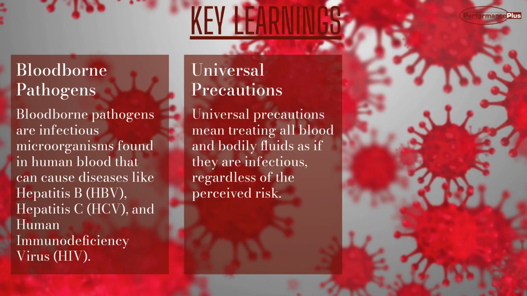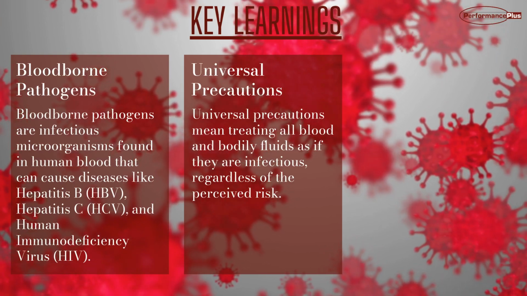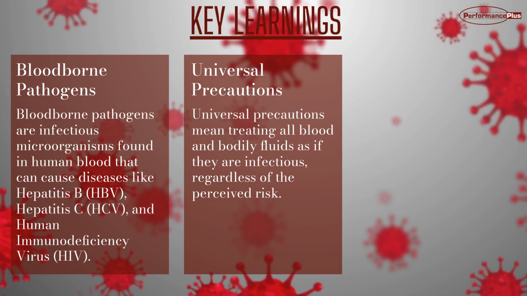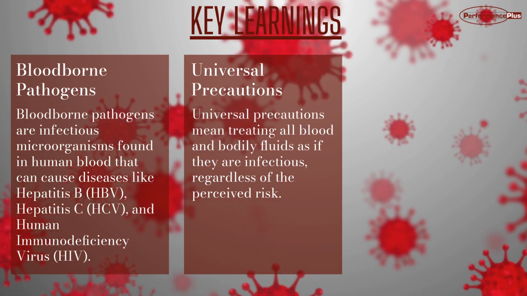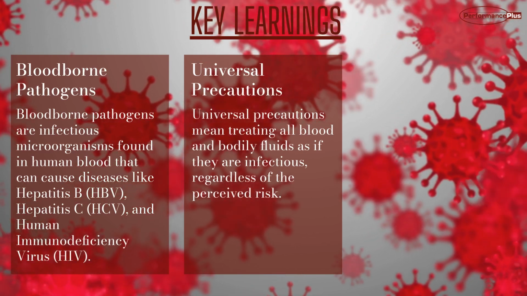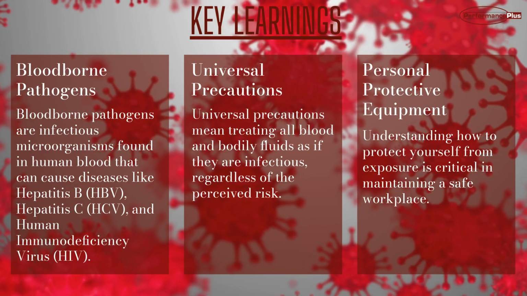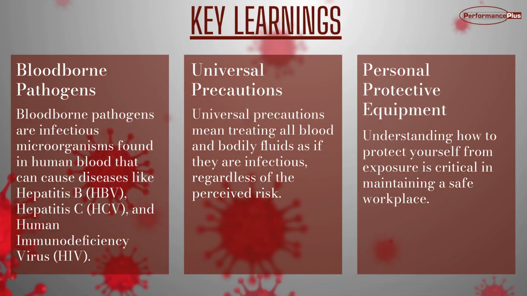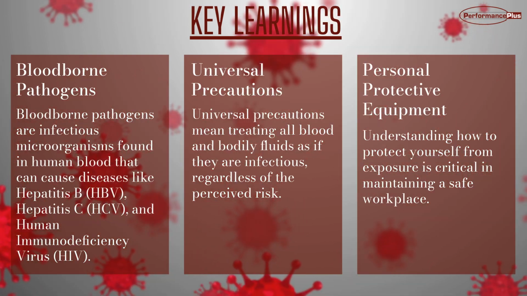What are universal precautions? Universal precautions mean treating all blood and bodily fluids as if they are infectious, regardless of the perceived risk. 3. Why is PPE so important? Understanding how to protect yourself from exposure is critical in maintaining a safe workplace.